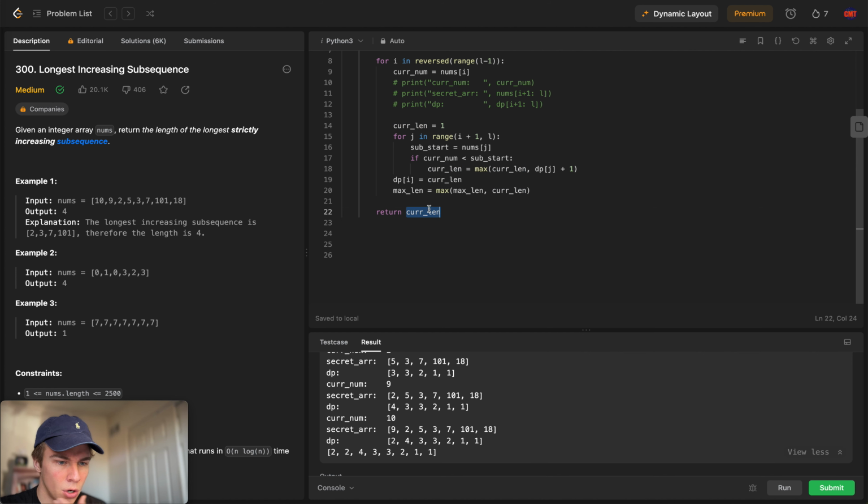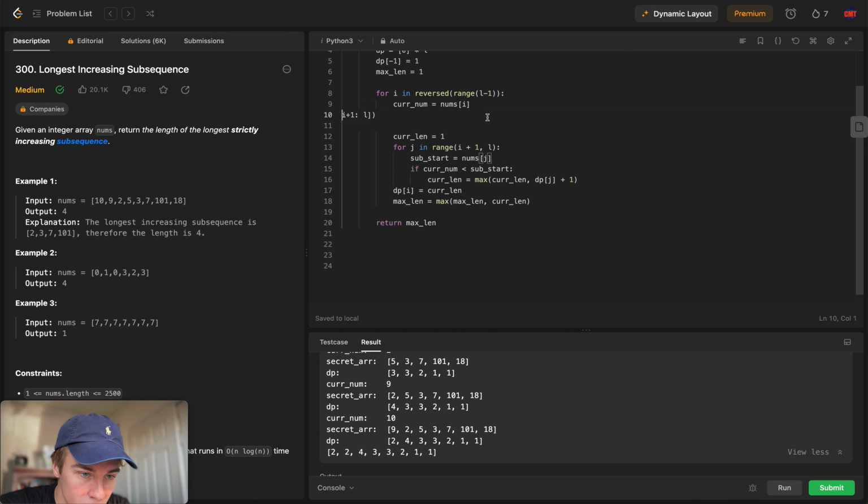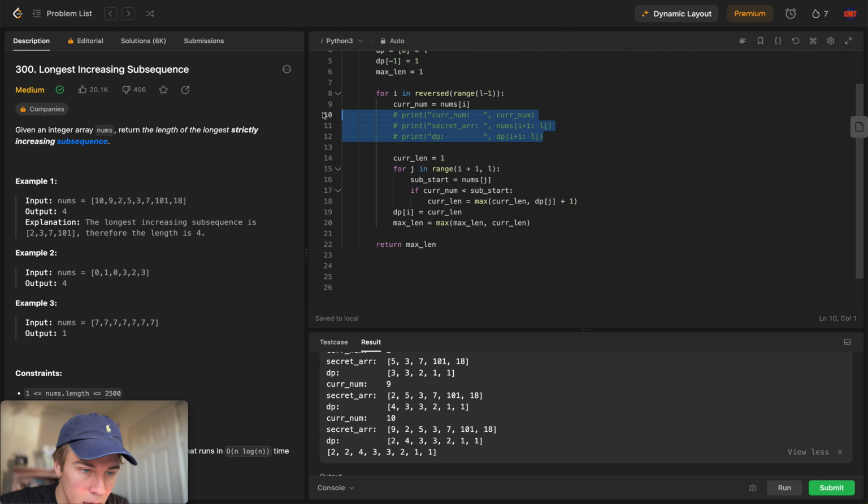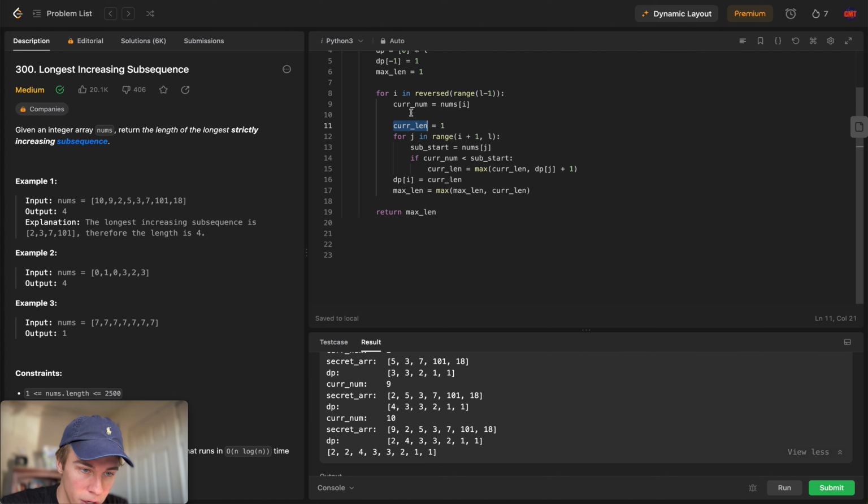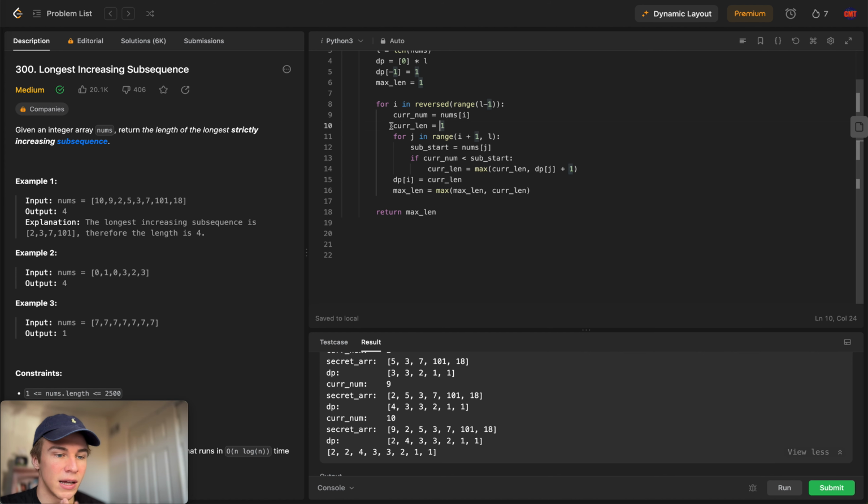So current length, I should be returning max length. There we go. I got it. What I was doing wrong here was reinitiating current length constantly to 1, whereas I should have only been doing that once, when I am currently exploring a number, right?